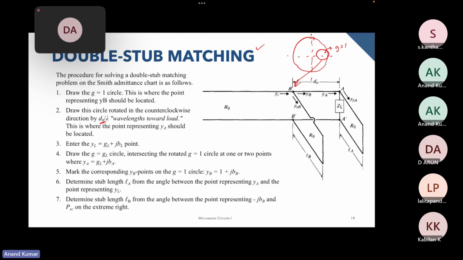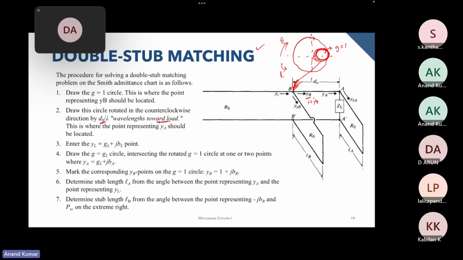So at BB dash, I'm giving an empirical idea that YB should be of the form 1 plus jb, so this YB will lie on this circle. Now we have to move this circle in wavelengths towards the load. Wavelengths towards generator is in this direction, and wavelengths towards load is in this direction.